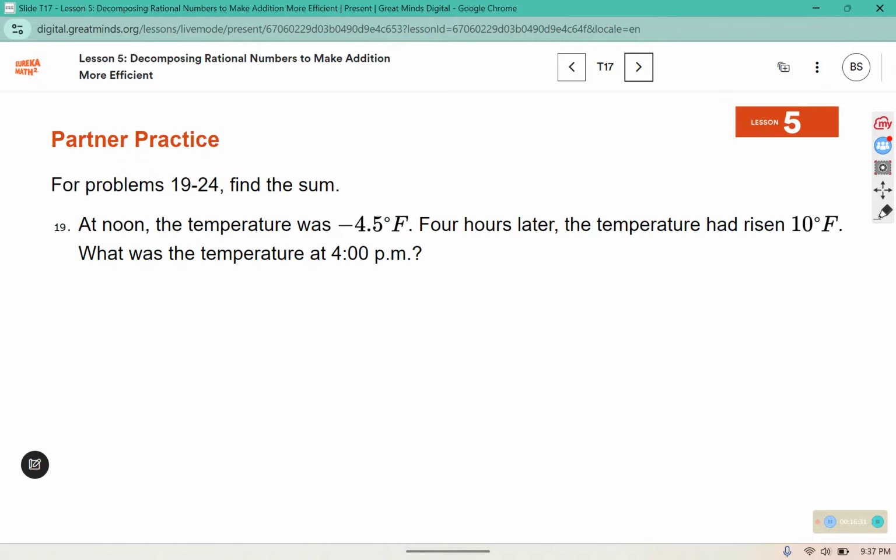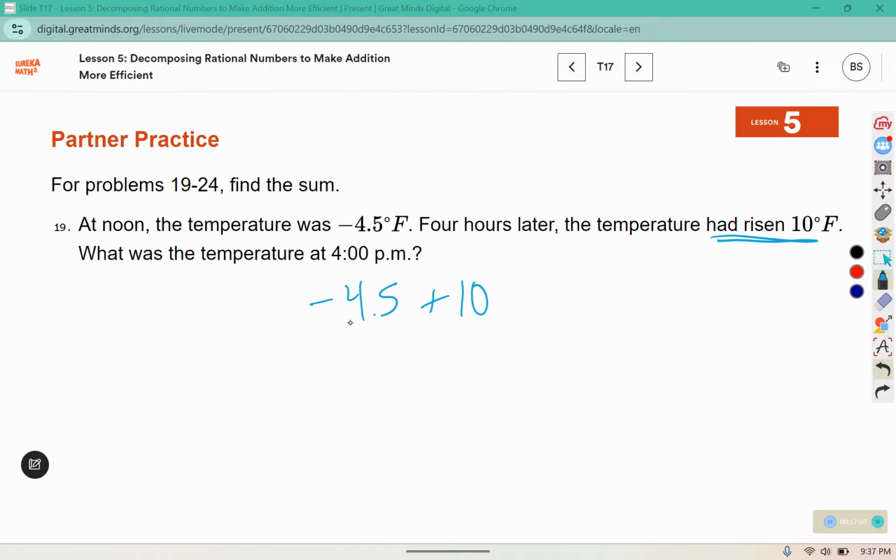For problems 19 through 24, find the sum. At noon, the temperature was negative 4.5 degrees Fahrenheit. 4 hours later, the temperature had risen 10 degrees Fahrenheit. What was the temperature at 4 p.m.? So we started at negative 4.5, and the temperature has risen, so that's an increase of 10 degrees.